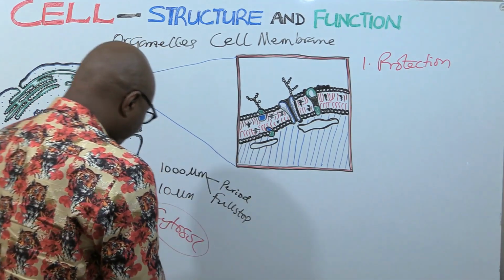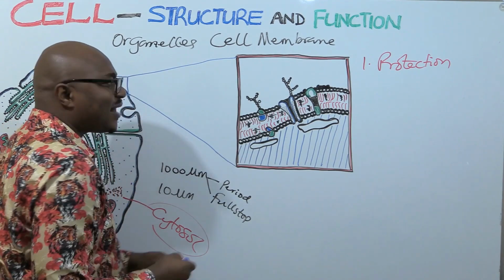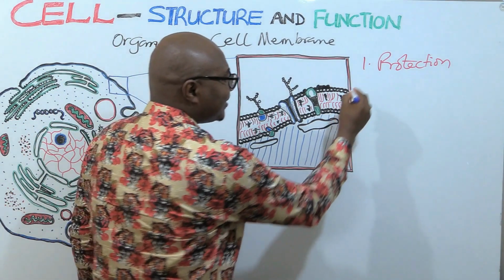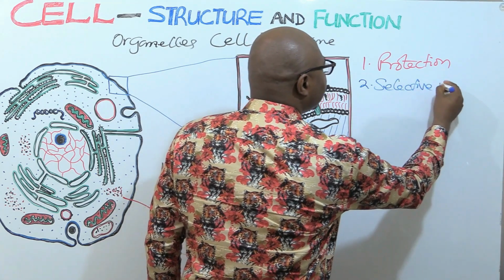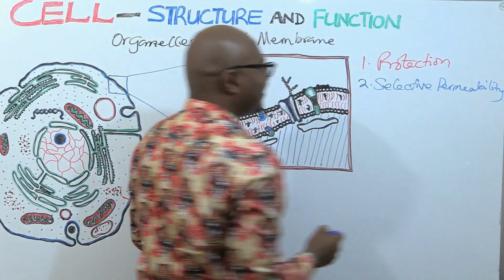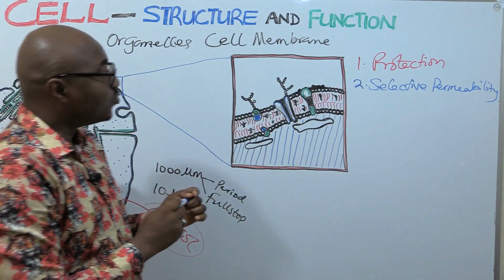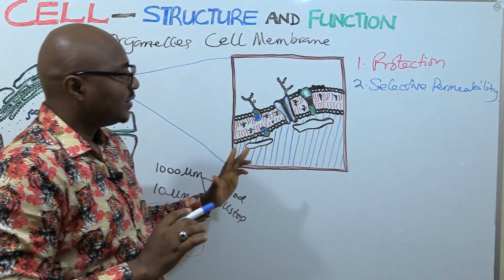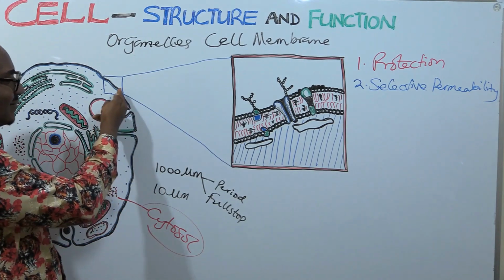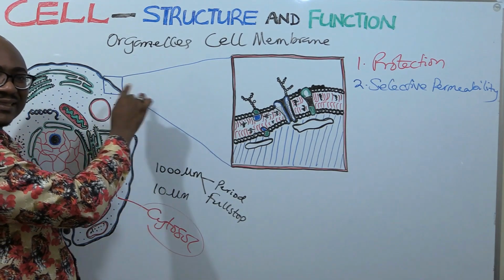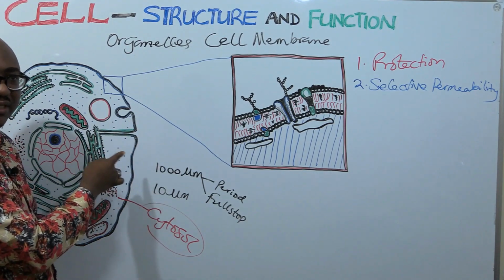Number 2, the cell membrane has this very important function called selective permeability. What do we mean by selective permeability? It's trying to tell you that substances can pass through the cell membrane.